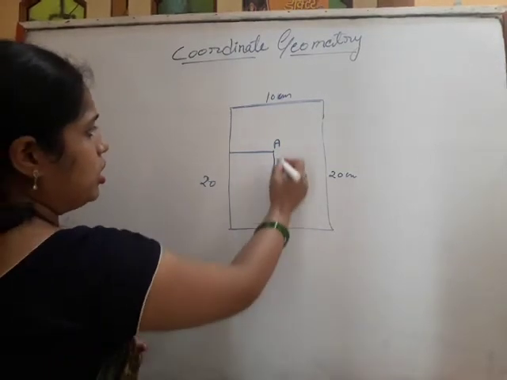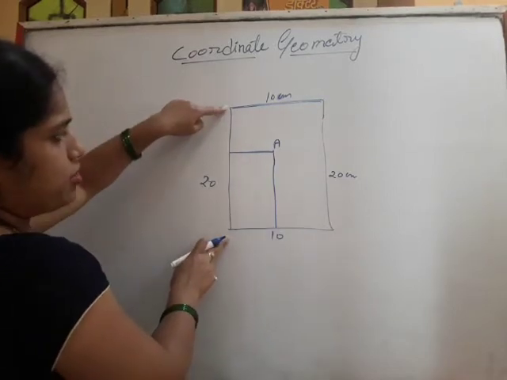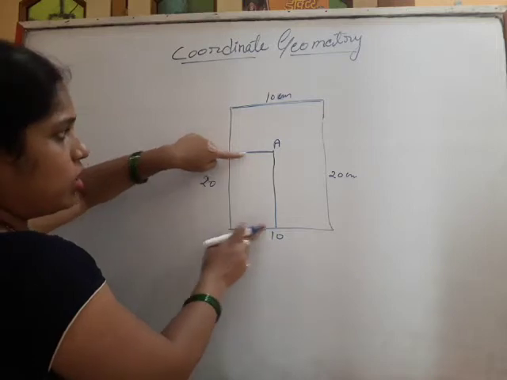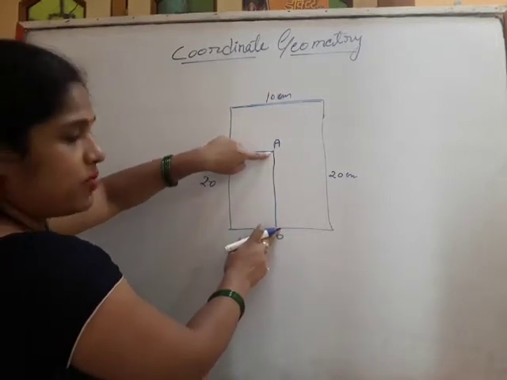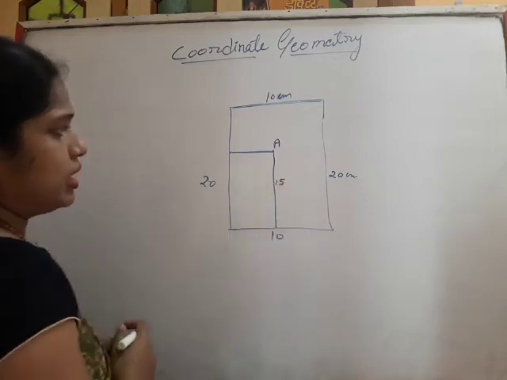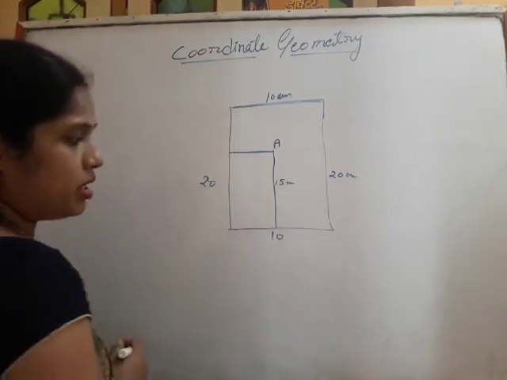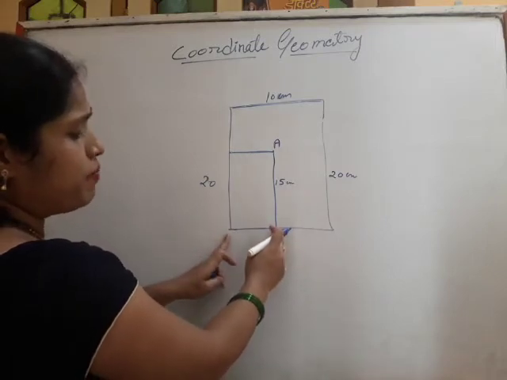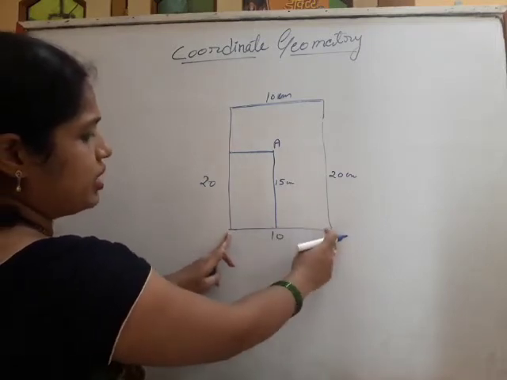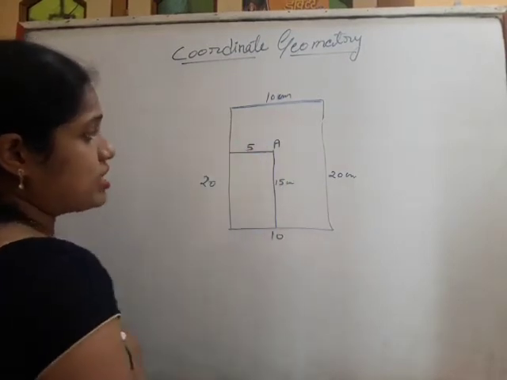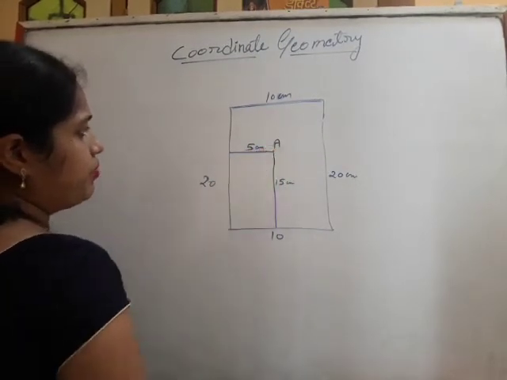Here, this is 20, so this will have a value equal to this value. Suppose this is 15 centimeter, and if it is coming just in the middle, the total is 10, so this length will be equal to this length. So this is 5 centimeter.